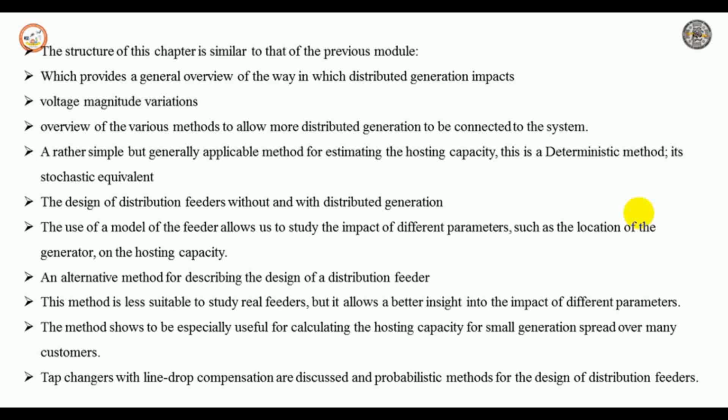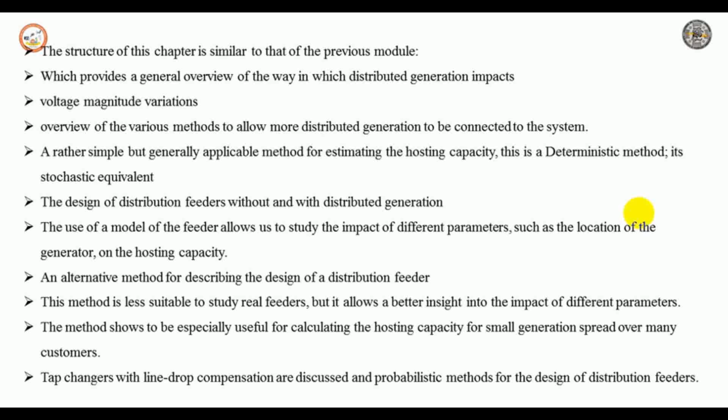The design of the distribution feeder without and with the distributed generation employs a model of the feeder, which allows us to study the impact of different parameters such as the location of generators on hosting capacity, etc. An alternative method for describing the design of this distribution feeder follows.